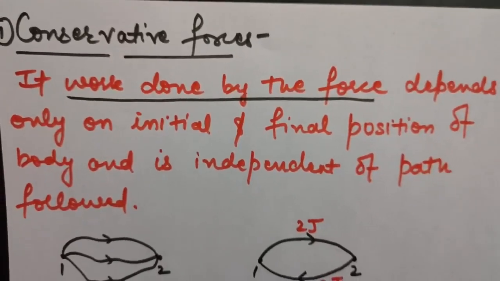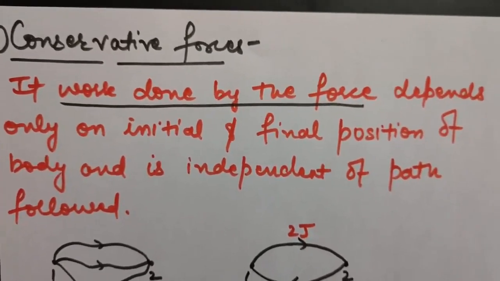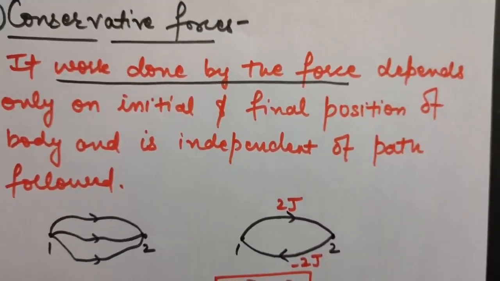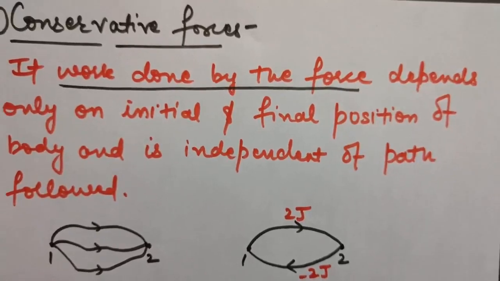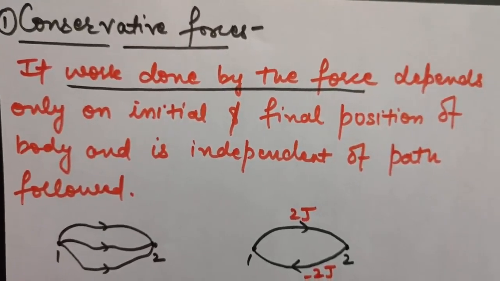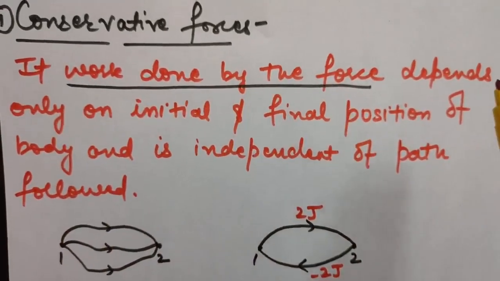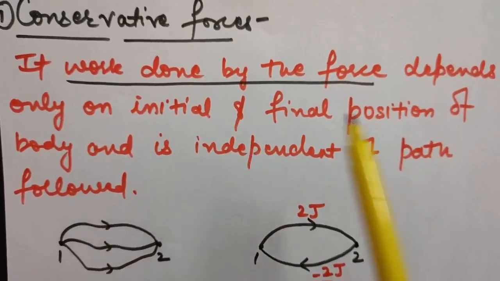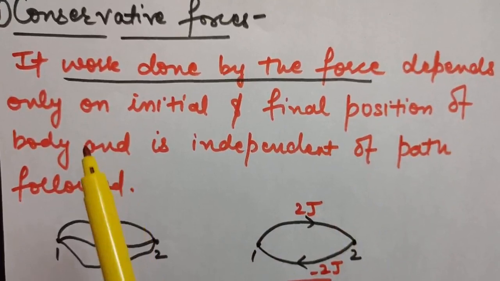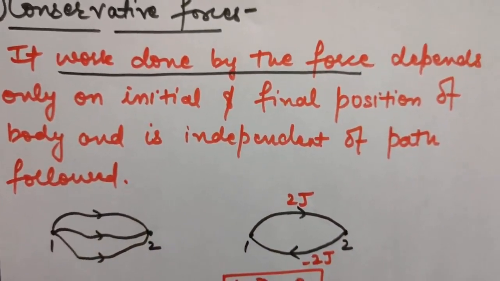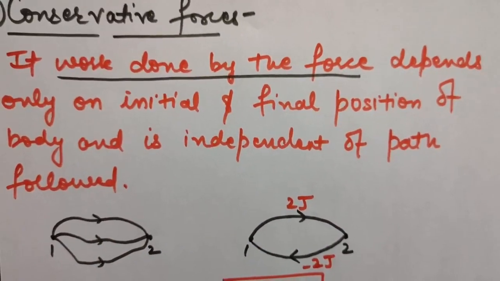Okay, so the next is conservative forces. There are two types of forces, conservative forces and non-conservative forces. First of all, we'll talk about conservative forces. If work done by the force depends only on the initial and final position of the body and is independent of the path followed, then that force is said to be a conservative force.